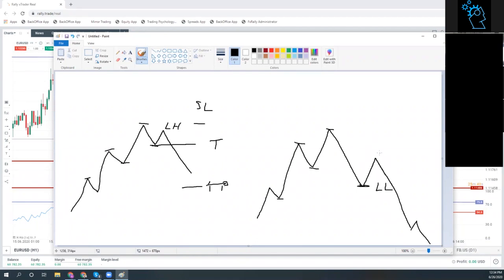Basically, after a new lower high here, you will be expecting the price to drop and make another lower low. Okay, so these are the differences between the two types of reversal patterns. If you look at the market, I'm betting you that you will not see any other than these two.